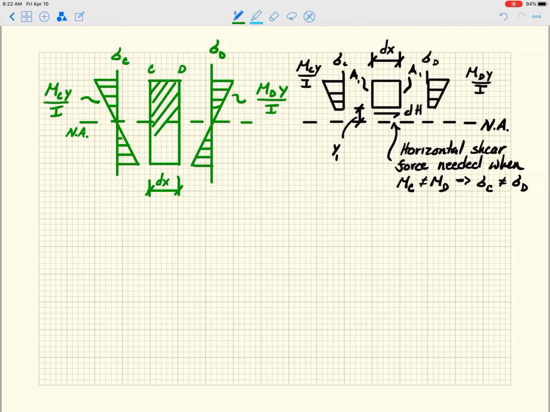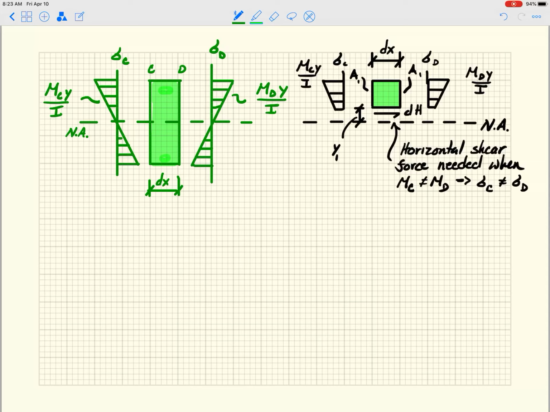So this guy here, actually, let me do it this way. Let me highlight this guy in green, like that. And then let me highlight this guy in green. So you see, it's the same thing. I've just taken a cut. And now when I've taken that cut, as long as MC and MD are not the same, which is in general the case, they're not always going to be the same, then I have to pick up this horizontal force there.